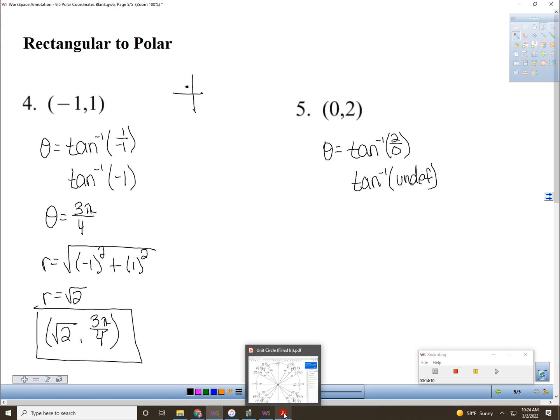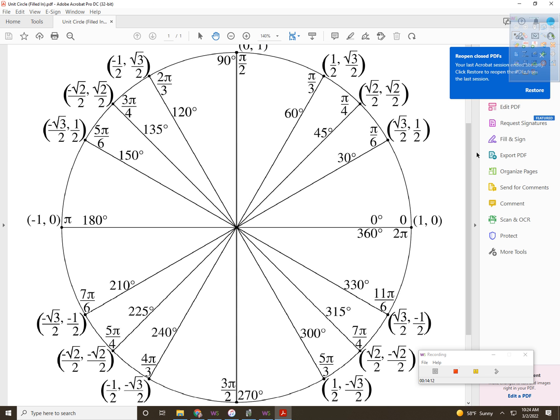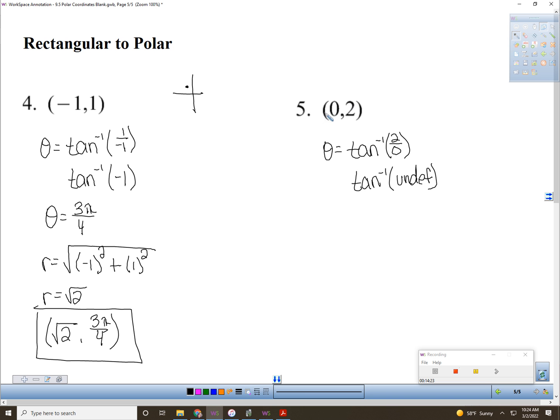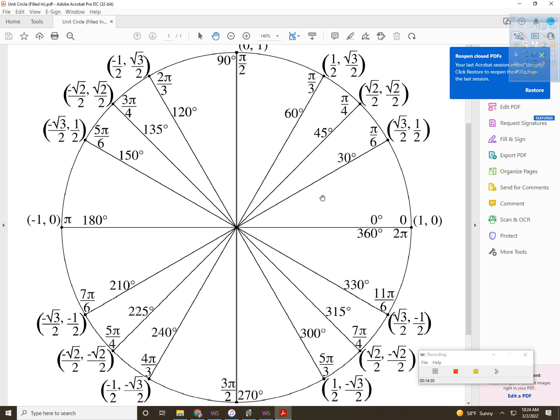So if I look at the options here, y divided by x, where there's a 0, would be pi over 2 and 3 pi over 2. And again, I need to know which one matches up with the point that I started with. Well, my point is at 0, 2. So if I plotted the point at 0, 2, that would be up here. So when I think about which of these goes with that, it has to be this one, because my point is not down here, okay?